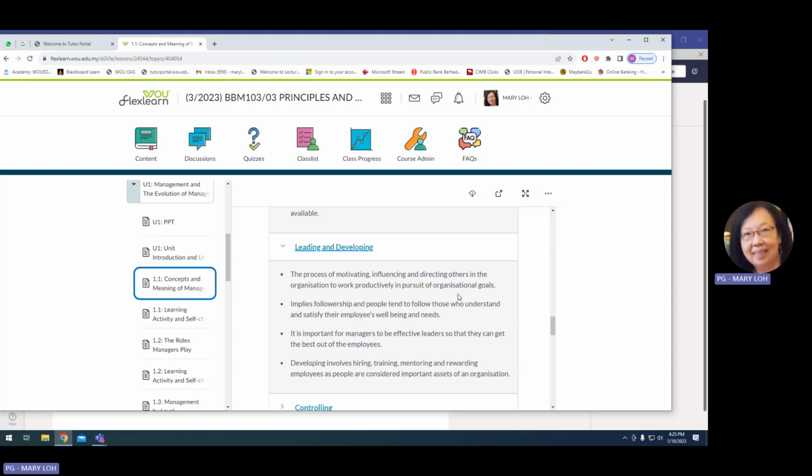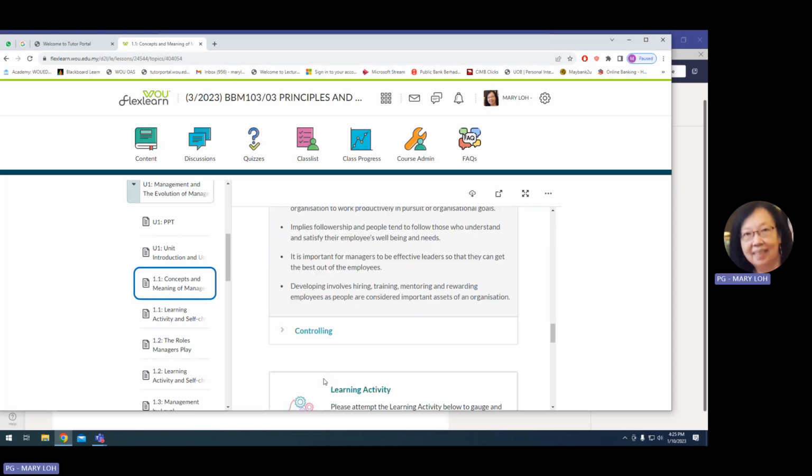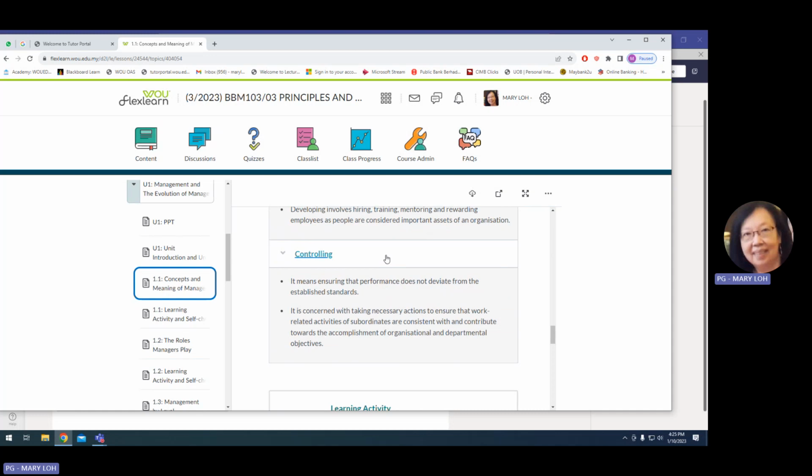Okay, and finally, you have the function of controlling. So after you have done the planning, you have to set the goals and objectives and the strategies as to how to achieve those goals and objectives, right? And then you do organizing, you give instruction to your staff, put them in charge, who is supposed to do what.